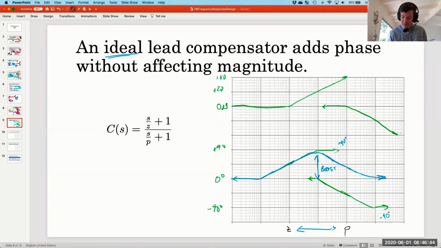This has a high frequency slope of minus 20, which means the high frequency slope of their combined effort is going to be flat. But just because you have a flat slope, it doesn't mean you're at 0 dBs. So watch as we go along here. If I add 0 with 0, I get 0. If I add the pole's 0 with the zero's upward slope, I get upward slope. And then if I add upward slope with downward slope, I get flat. Okay.